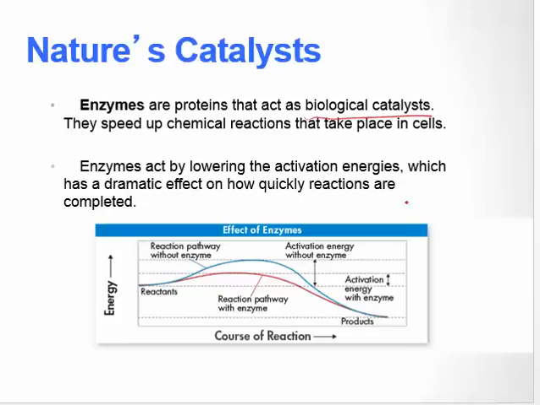And they do this by lowering the activation energy. Okay, now you might want to stop the video and take a look at this diagram or this graph to see what happens. So on the top would be the activation energy required without the enzyme, and then the red line here would be when an enzyme is present, and so it lowers the energy required.